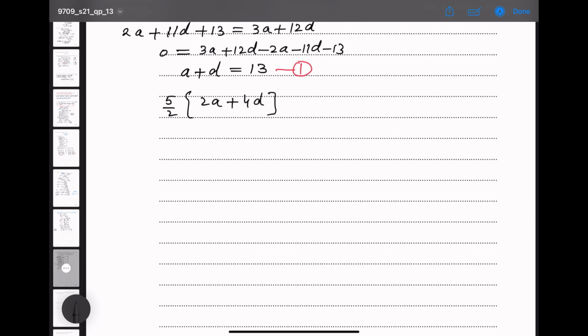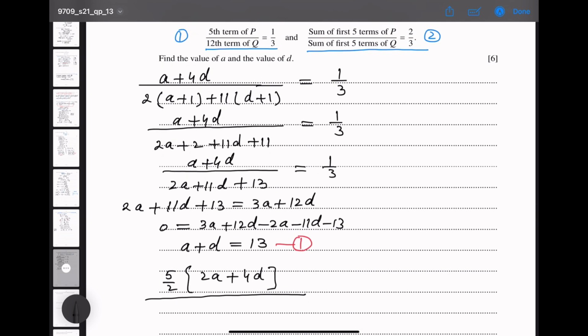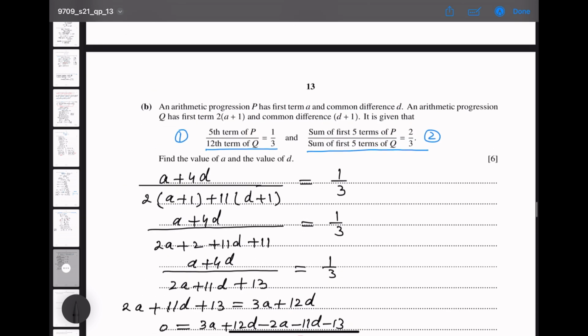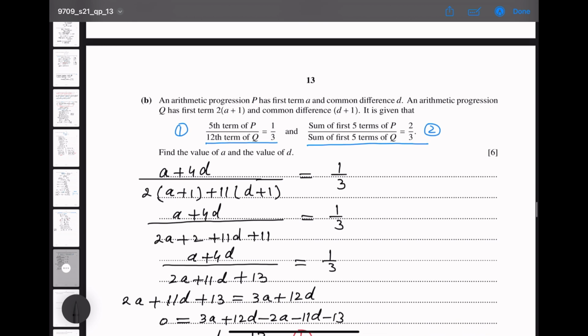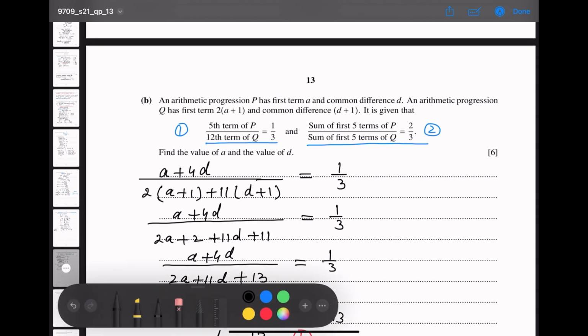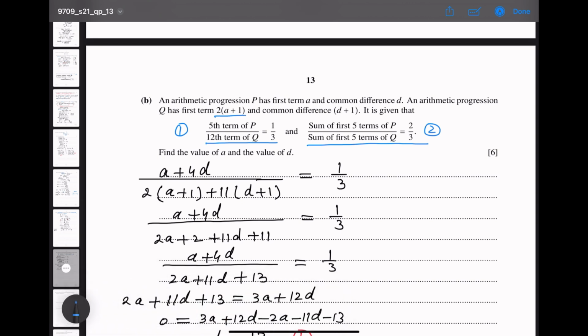Similarly, the sum of the first 5 terms of Q. The first term of Q is A plus 1, and the common difference is D plus 1.